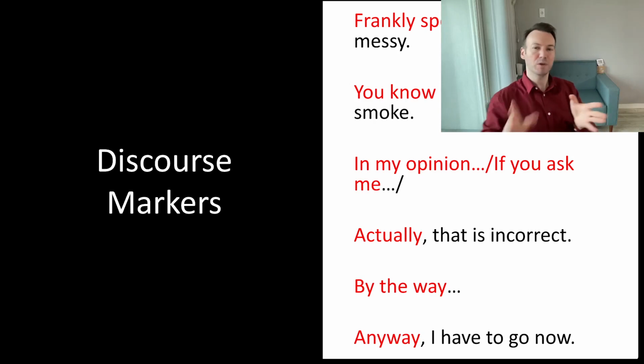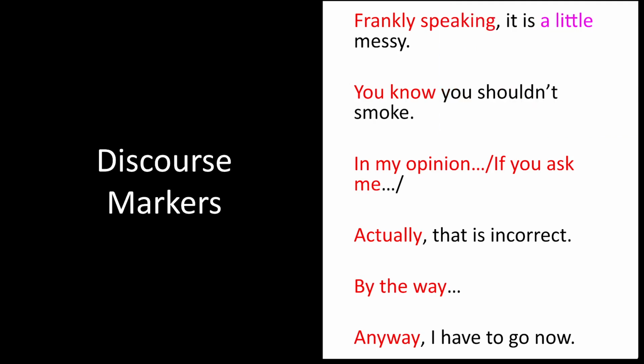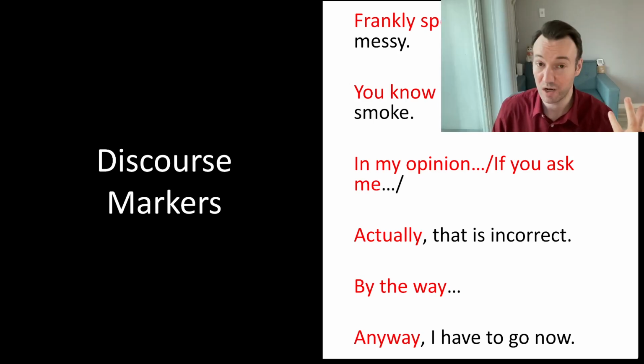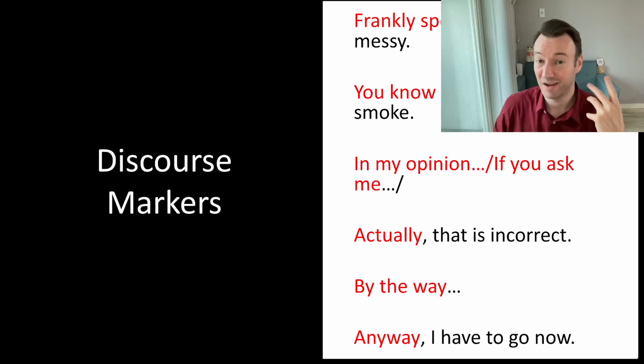Okay, so notice that this is not saying you know you shouldn't smoke. So it's not saying you are aware that you should not smoke. The you know is signaling that I'm going to say something that might seem obvious and you might not like it.